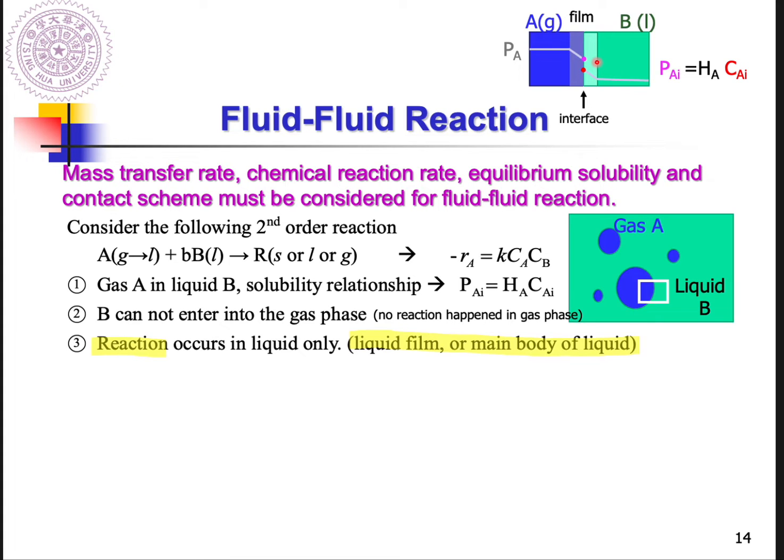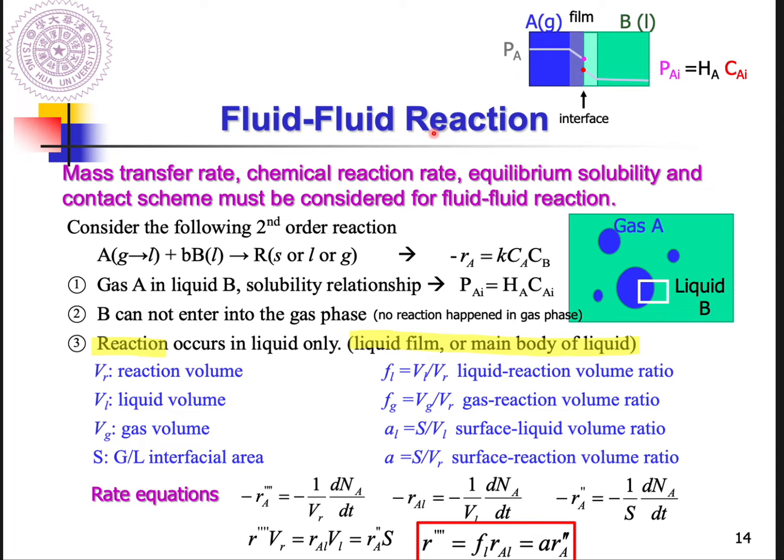So you need to figure out what portion of the chemical reaction happens in the liquid film and in the bulk liquid, or you don't know, right? We need to know that quantitatively, then you can write down the consumption rate of reactant A. So this is why the fluid-fluid reaction is more complicated than the fluid-solid reaction: you need to figure out where and how much reactant A reacts with B, in the liquid film or bulk liquid or both regions.